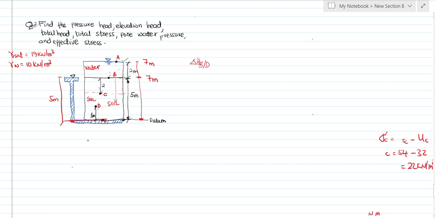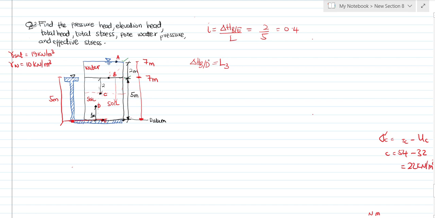D. Remember that we found the hydraulic gradient between B and E over the length of the soil. We had 2 over 5, which is 0.4, right? And so we want to know the head loss from B to D, right? Which is at a distance of what? 3 meters. Is it 3?